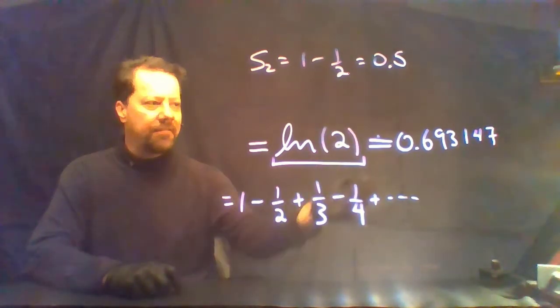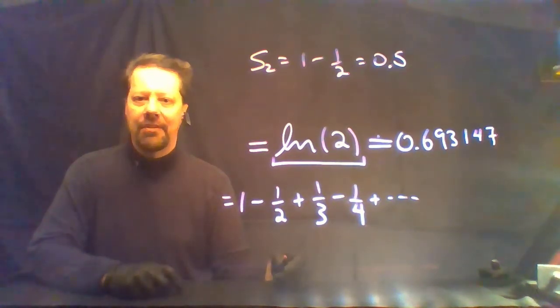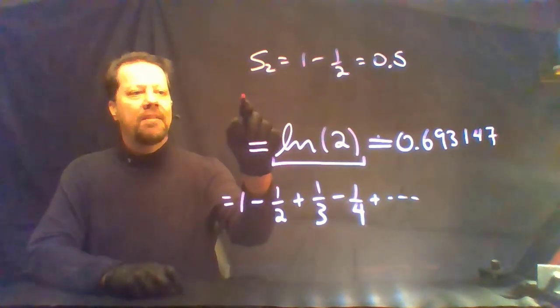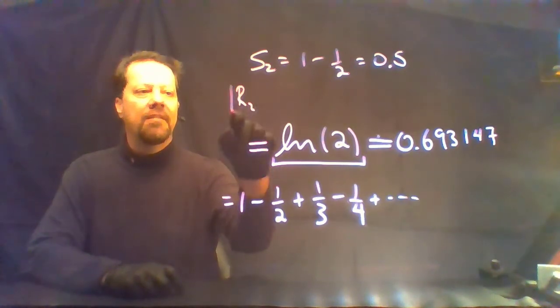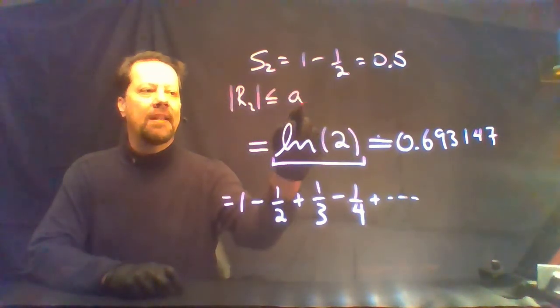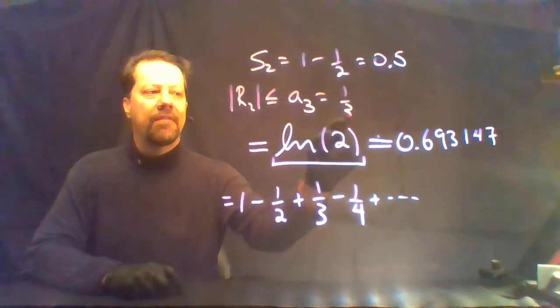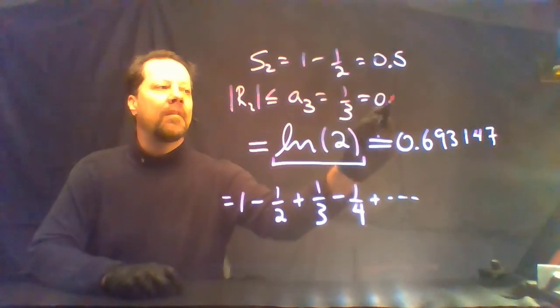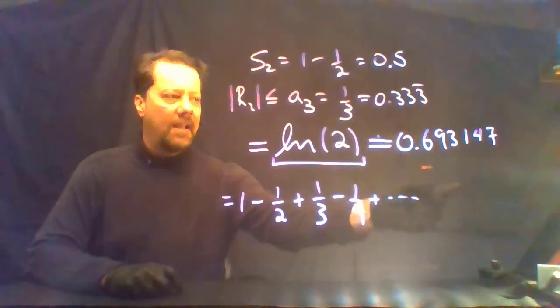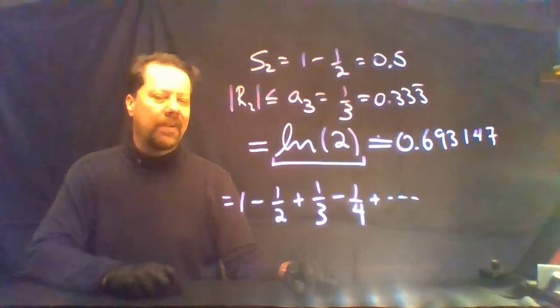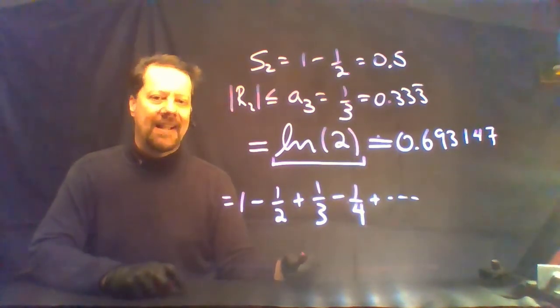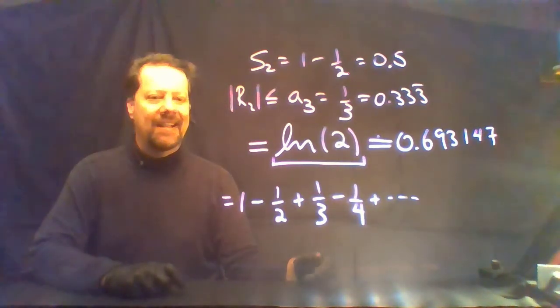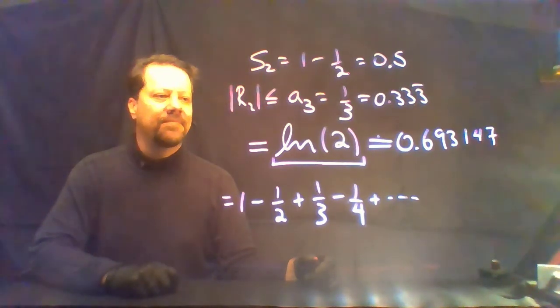How far off are we from the actual value of the sum? Well, the remainder is no worse than a_3, which is 1/3. And we are certainly no more than 0.3 off from our actual answer. In fact, we're about 0.19-ish off.